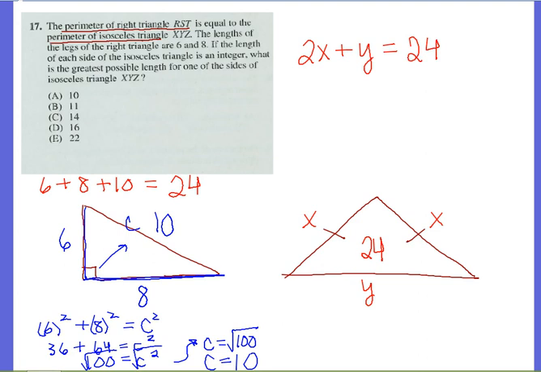Now, what you want to know is they want it to be the length for the biggest, it has to be the greatest possible length. So if I put 10 into here, I'm going to show you the two ways that you could have put in 10. We could put 10 here, which would mean that the other side is 4.